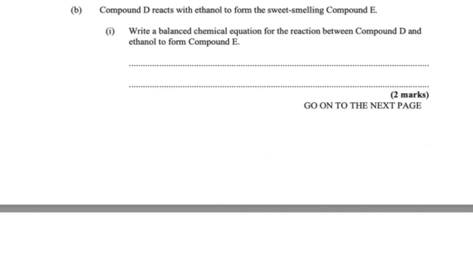So compound D just now was C3H7COOH, plus ethanol, which is C2H5OH. This is in aqueous medium.